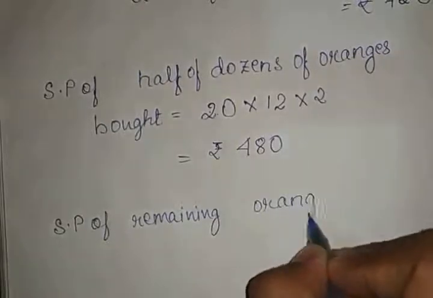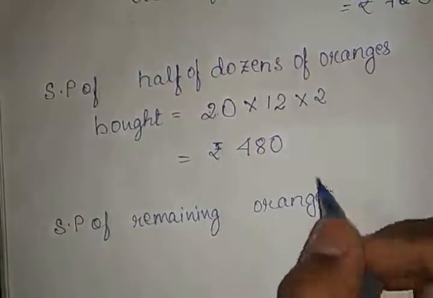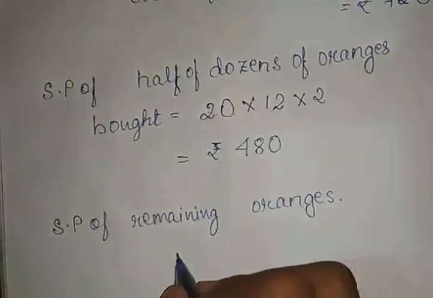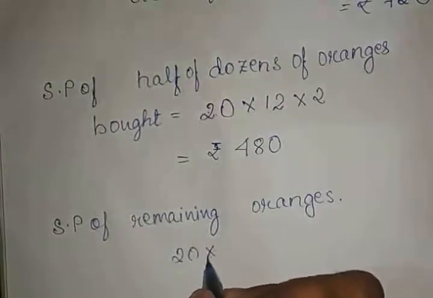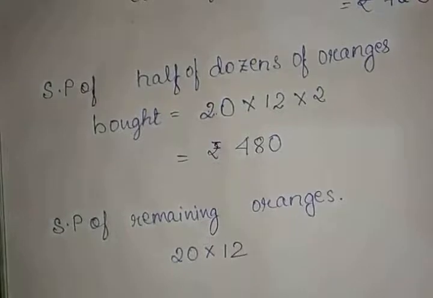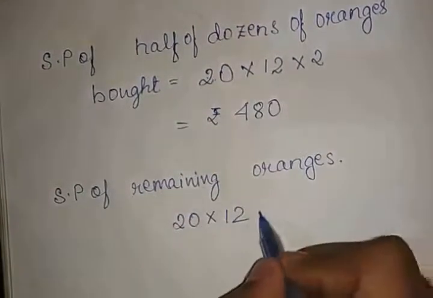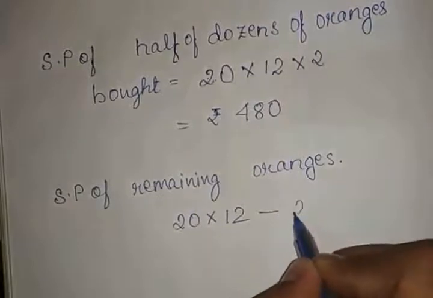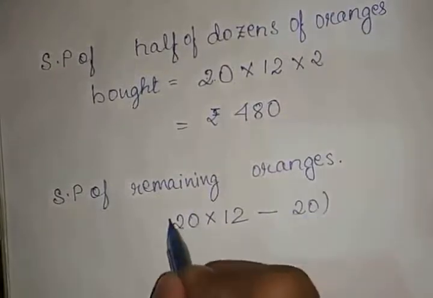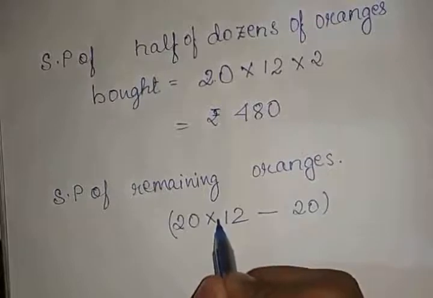How many oranges remained? 20 dozen remained. 20 multiplied by 12, this many oranges were left out. But from here, how many oranges rotted? It is said that 20 oranges rotted. Then this many oranges were left.